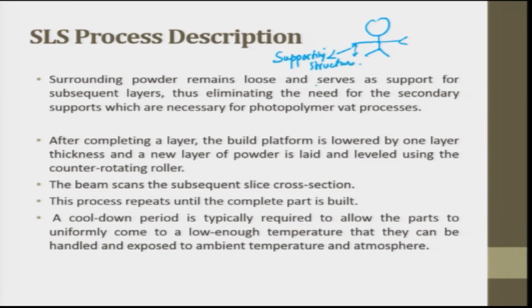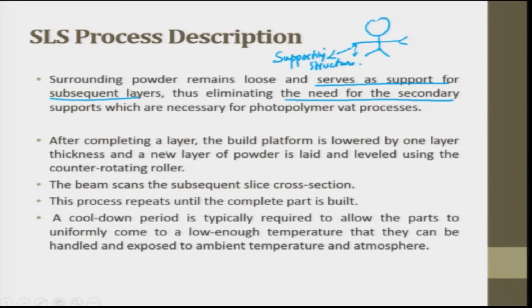In SLS, the powder remains loose and serves as support, so here we don't put a supporting structure. The powder which is not cured acts as a supporting layer, thus eliminating the need for secondary supports, which are necessary for the photopolymerization wet process.